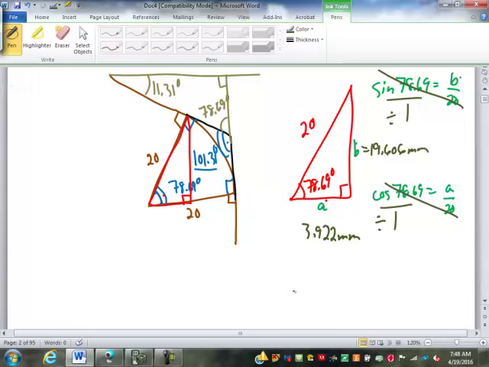Well, if this is 3.922, that means this is 16.078, right? Does that make sense? Because that was a 20 millimeter radius.